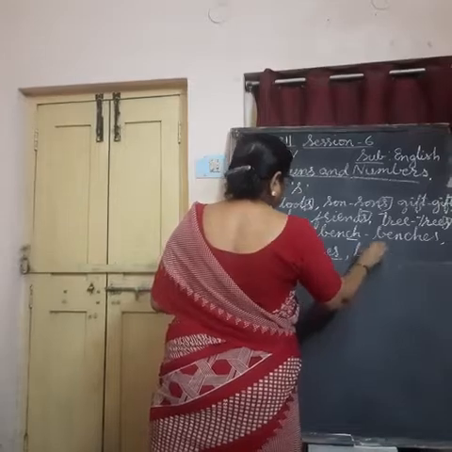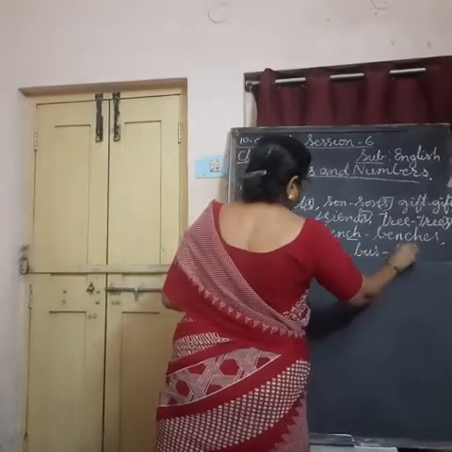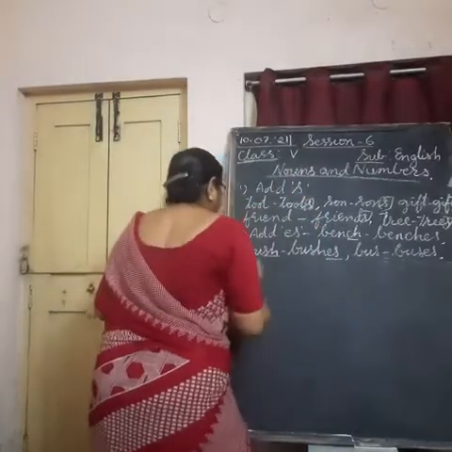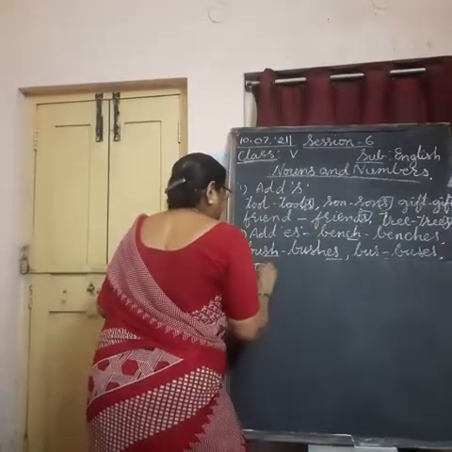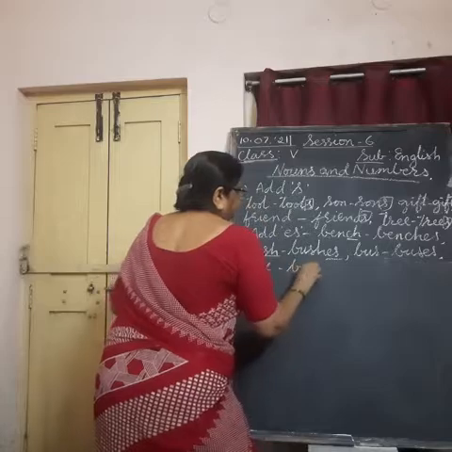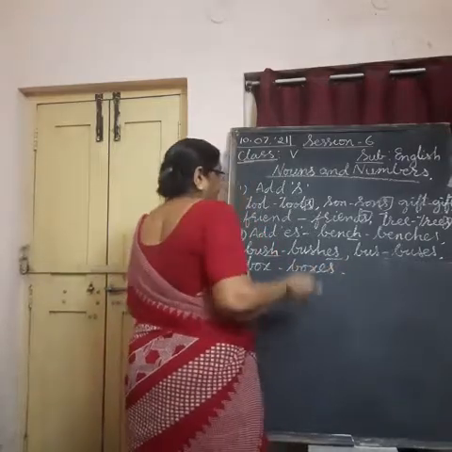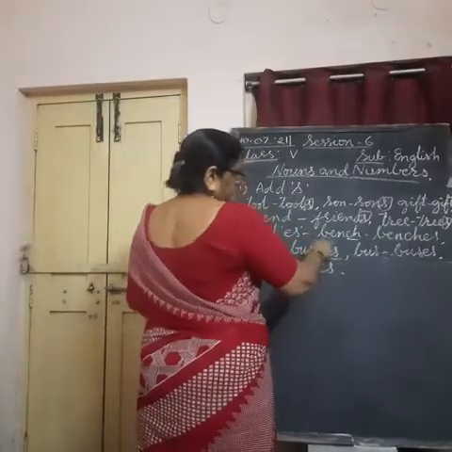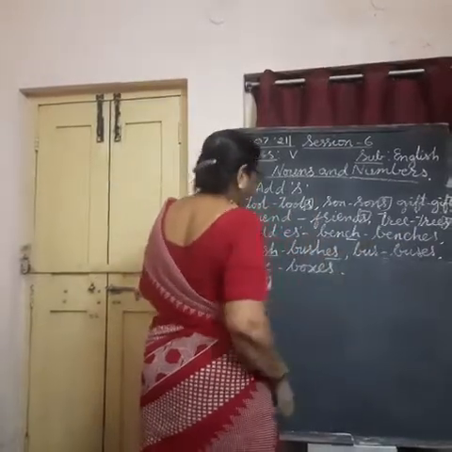Bus, buses. X, box, boxes. In this way, when the word ends with CH, we add ES. Example, bench is there, benches we can write.